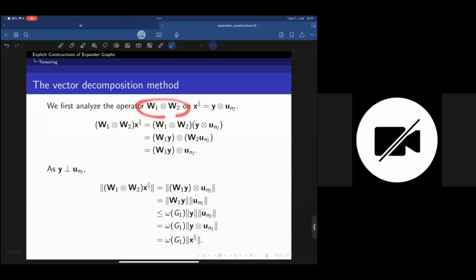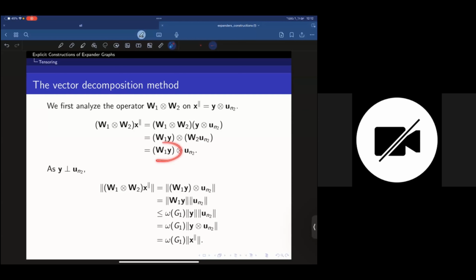So this operator applies to x parallel, and just to remind you, x parallel is this operator applied to the tensor vector. X parallel is really just a tensor product. And what do we know? If you have a tensor product of operators applied to a tensor product of vectors, then you just apply the different operators to the different places. So W1, which really brings G1 into the picture, is applied to y, and W2 is applied to the uniform distribution.